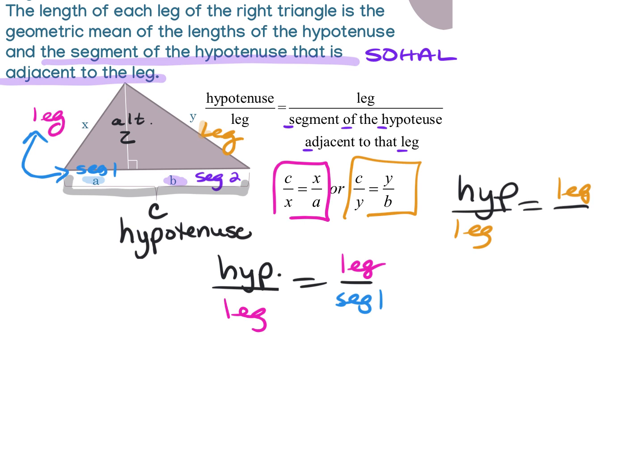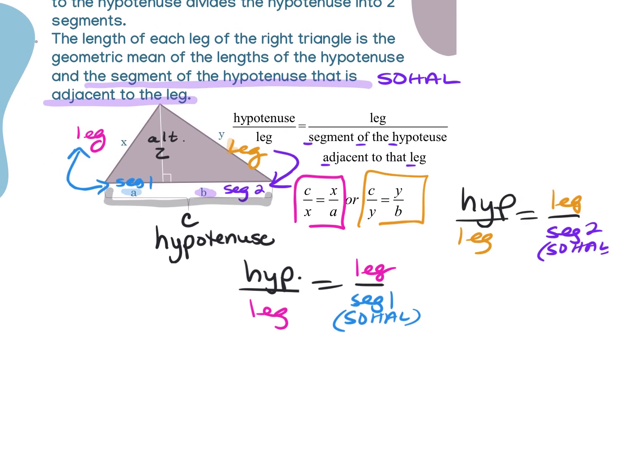So it's the piece of the hypotenuse that's right next to the leg you're looking for. So this would be segment 2, is its SOHAL. And then for the pink leg, the piece that the pink leg is next to is the blue. So you have to do 2 separate ones depending on which leg you're looking for.